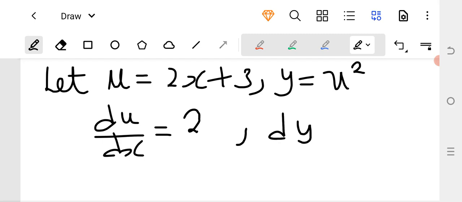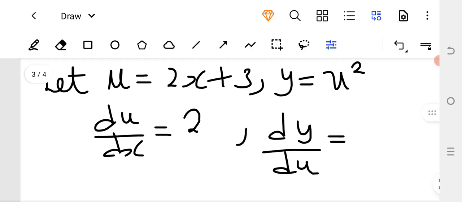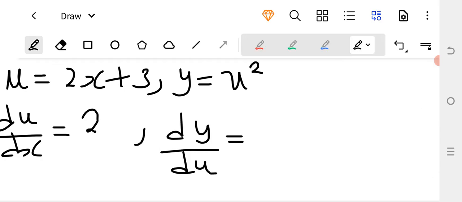dy/du, with respect to u, is equal to, on this side we have u, and we differentiate it. We're going to use the power rule, which is going to be 3u, sorry, not 3u, 2u.